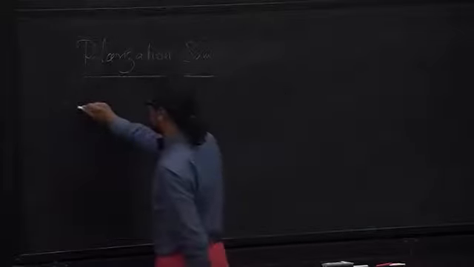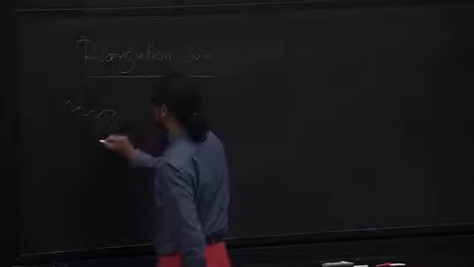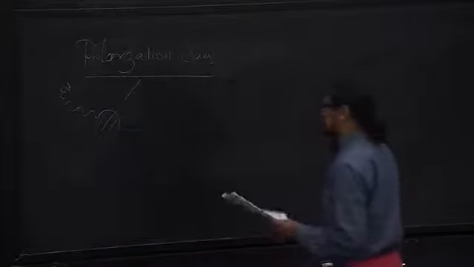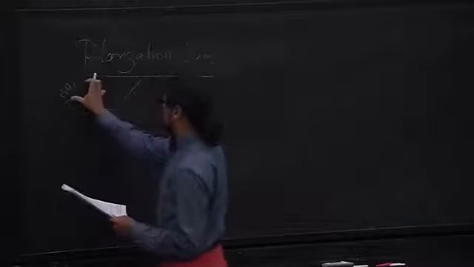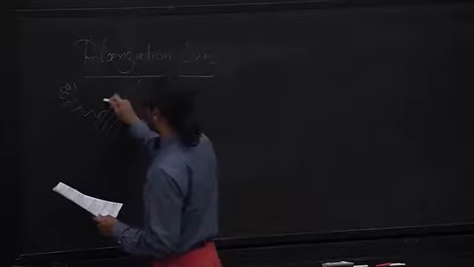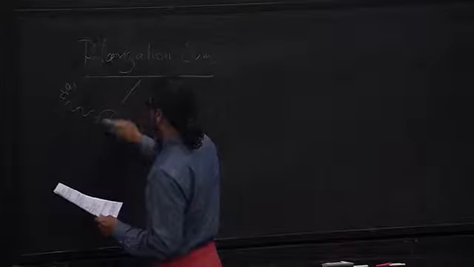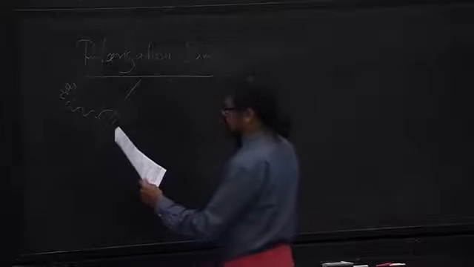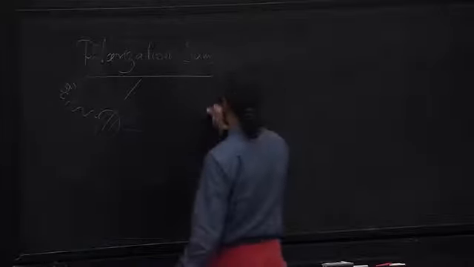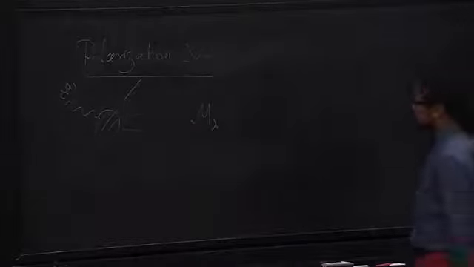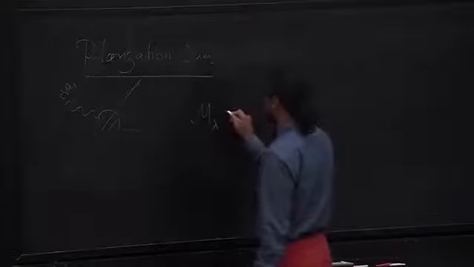So suppose you have some process which has an external photon, and it has some polarization, epsilon lambda. Lambda is the label of the polarization vector. And you have, for this process, some amplitude, M of lambda.